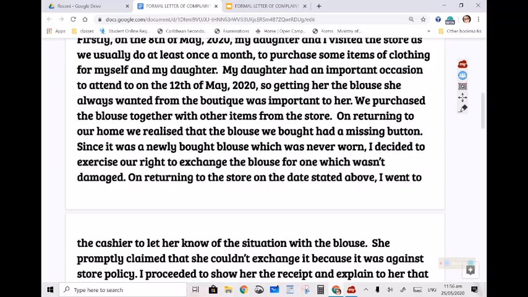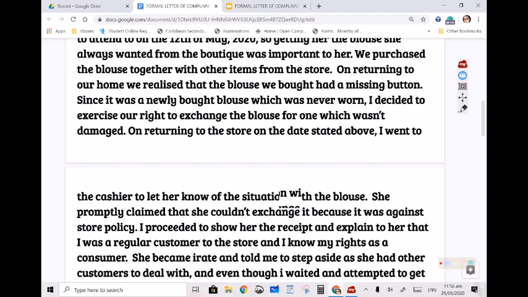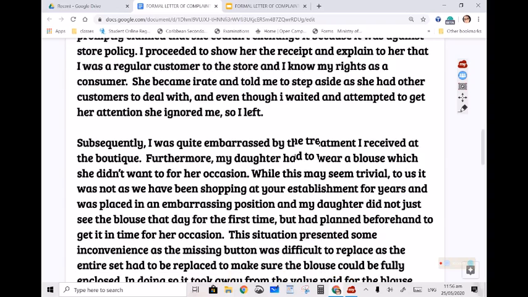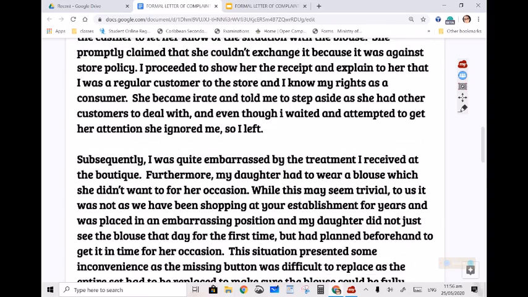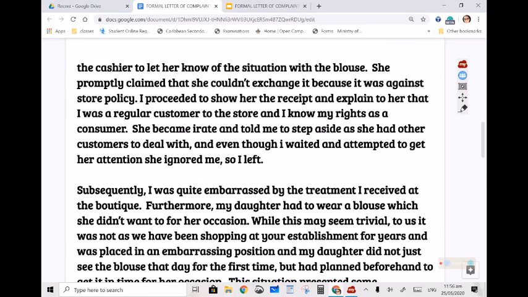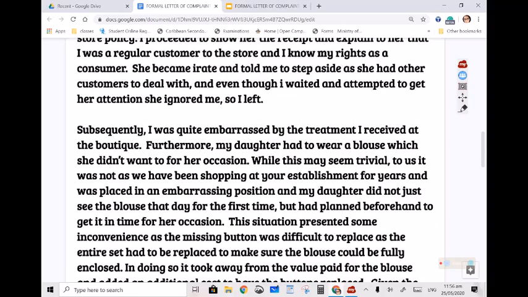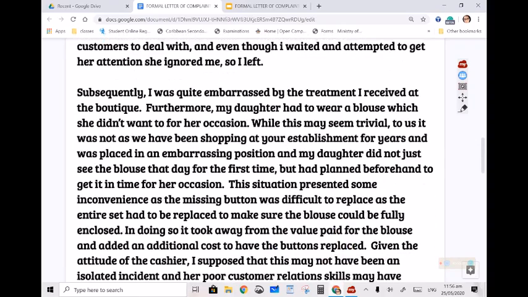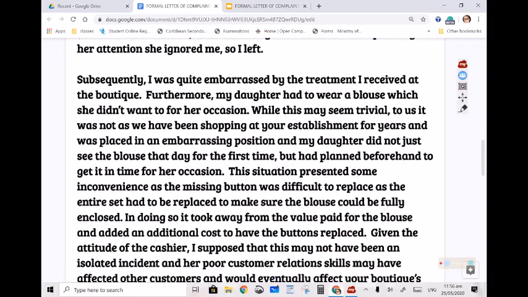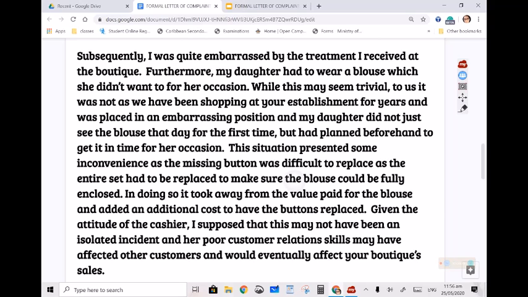The second paragraph would go on to explain in detail the actual incident as it occurred and what we are complaining about, therefore a letter of complaint. And our third paragraph would be to state how it affected us and others. So I'm going to read it through.